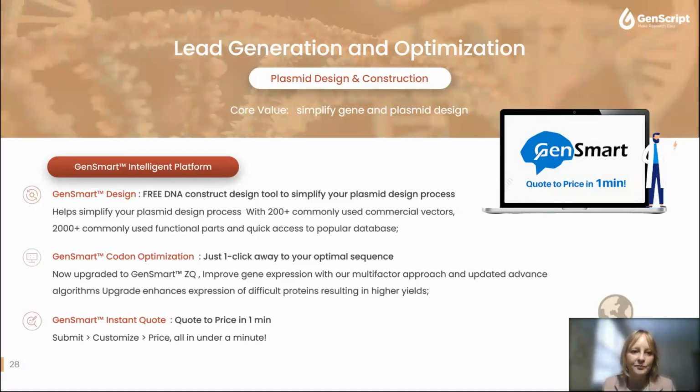The codon optimization feature has additionally been upgraded to what we call our ZQ, and this incorporates deep learning in order to enhance the ability to express those difficult proteins that then results in a significantly higher yield.